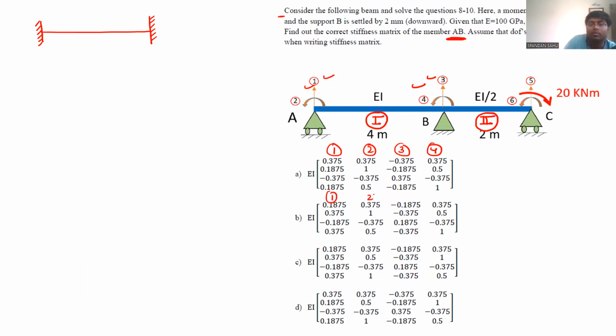Now release one, and give unit displacement along that direction.